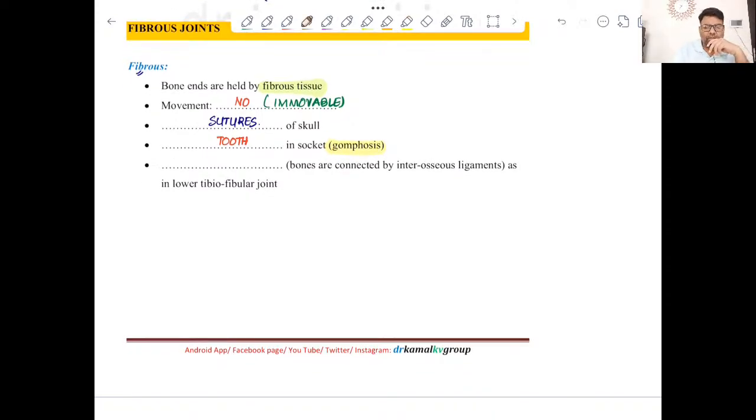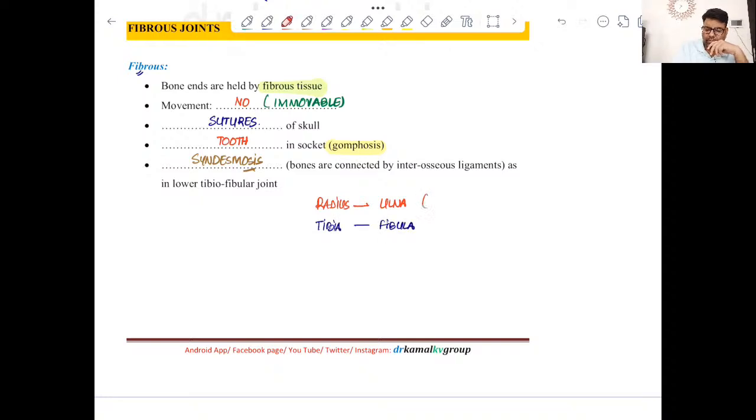And third, some bones are held with each other by a form of fibrous joint, and that is known as syndesmosis. Right? So syndesmosis is an example of fibrous joint, and it can be between radius and ulna. It is also present between tibia and fibula. Right?